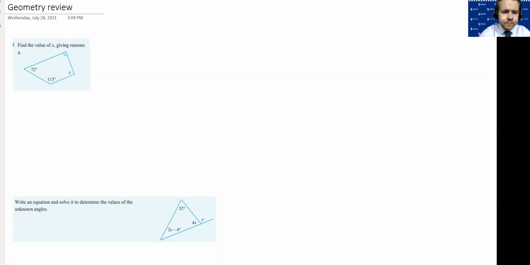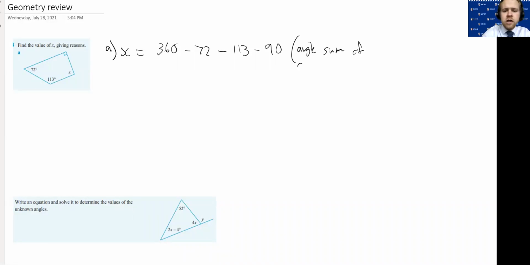So in this one here, I see x is a part of a quadrilateral, and I know that a quadrilateral's angle sum always adds to 360. So I know that x will be equal to 360 minus all of the other angles. So 360 minus 72 minus 113 minus 90. And in brackets, the reason is angle sum of a quadrilateral.